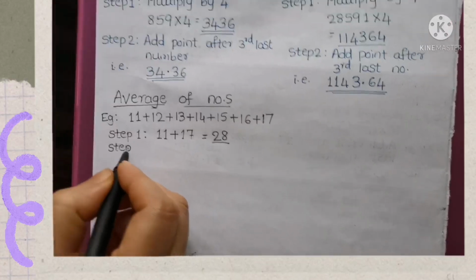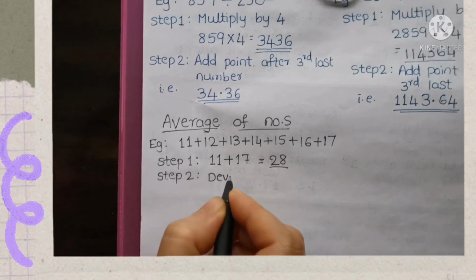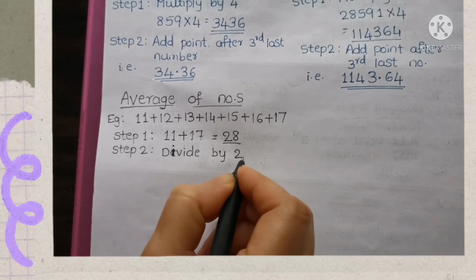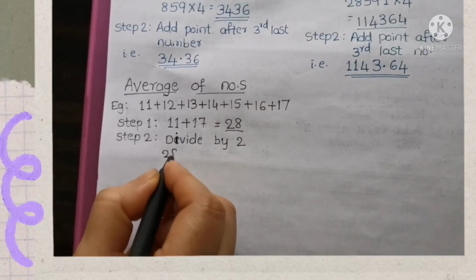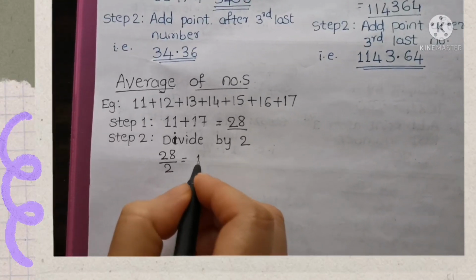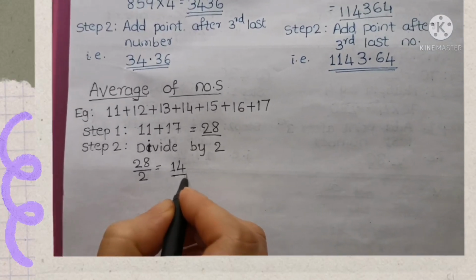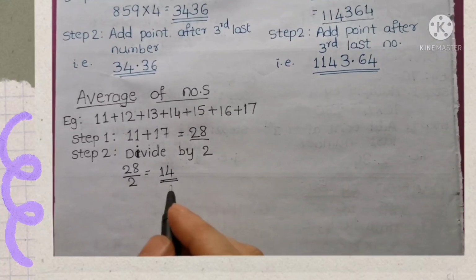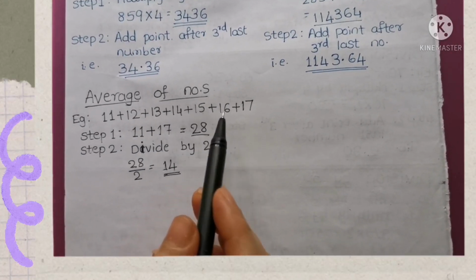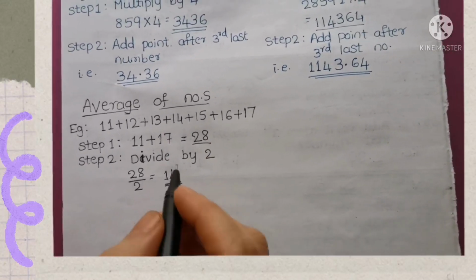Our step 2 is that we have to divide the number by 2. So we divide 28 by 2, and we get 14. So the average of 11, 12, 13, 14, 15, 16, 17 is 14.